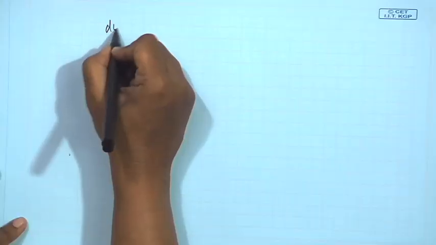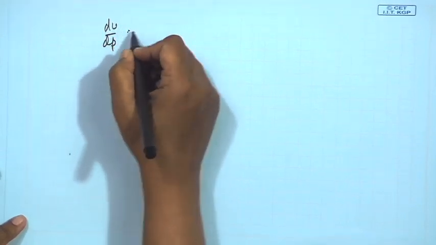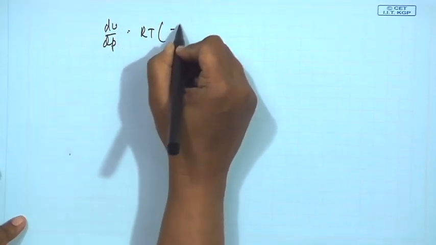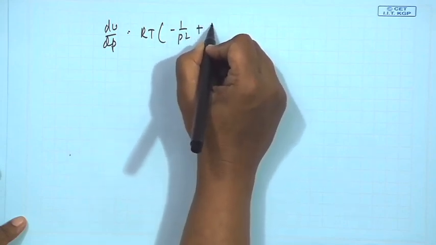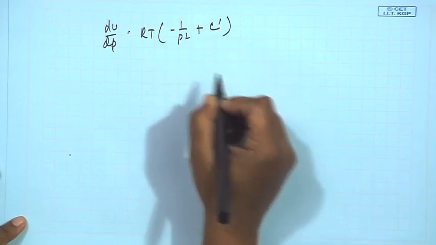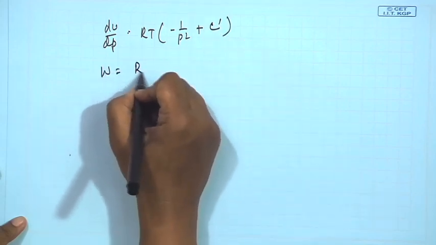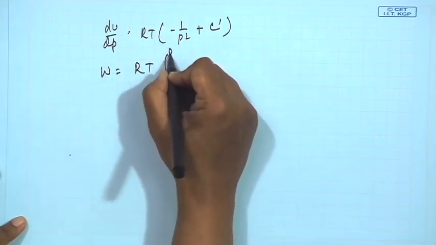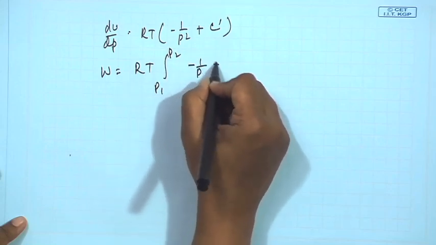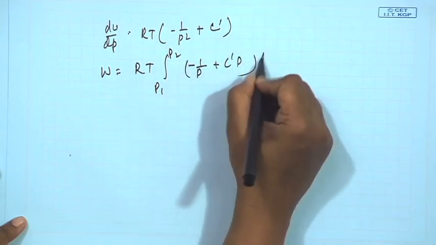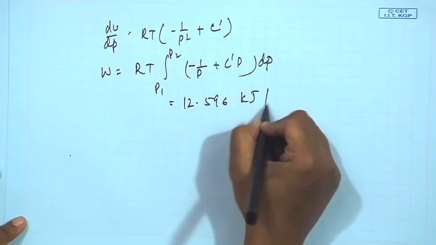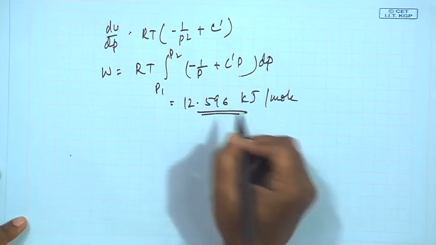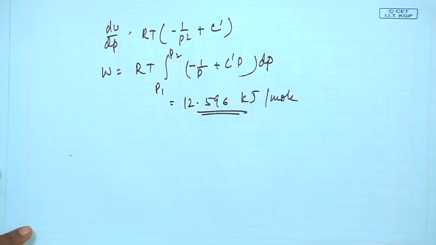So, therefore, from this particular equation we know what is dV dP equals to, it is equals to RT into 1 by P square plus C prime, fine, and we know what is W, this is equals to RT integral P1 to P2 minus 1 by P plus C prime P into dP, which gives you the value of 12.596 kilojoules per mole. So, therefore, this is one particular way that we can do it.